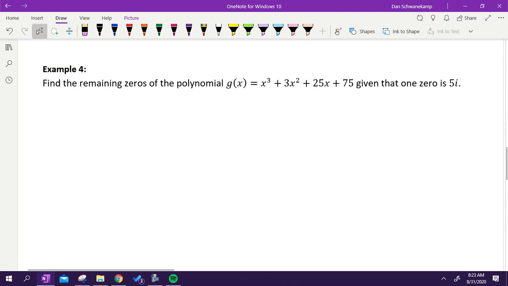Example 4. So now we're back to what we learned on Friday. Find the remaining zeros of the polynomial given this polynomial, knowing that 5i is a 0. How many answers am I going to have here? 3. How many of them are going to be real answers? Tell your neighbor how many, and explain why.